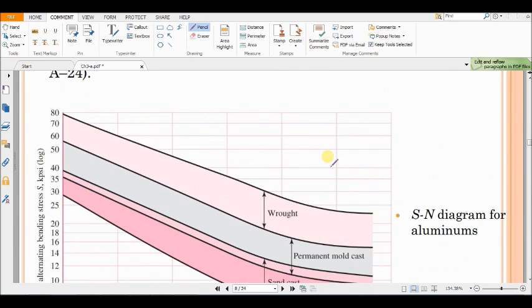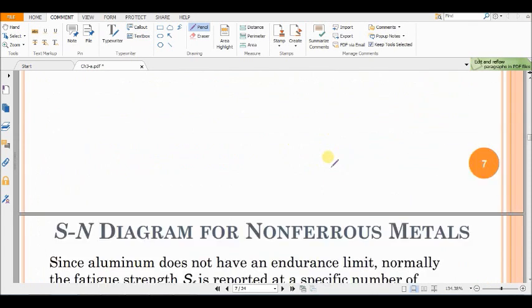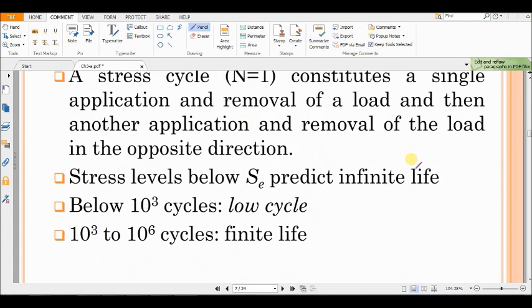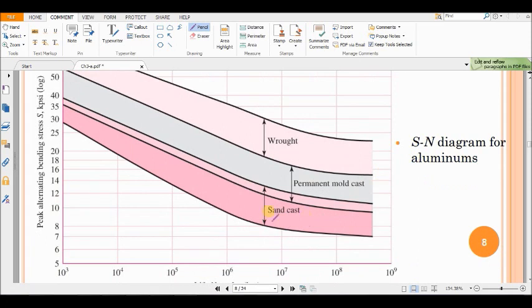For steel alloys, it is very usual to find such a graph with infinite life. But for some other materials, it doesn't matter how much you reduce the load or the stress, there is always a life at which the material will fail due to fatigue. That means this graph, which we call the Sn graph, would never become a horizontal line.